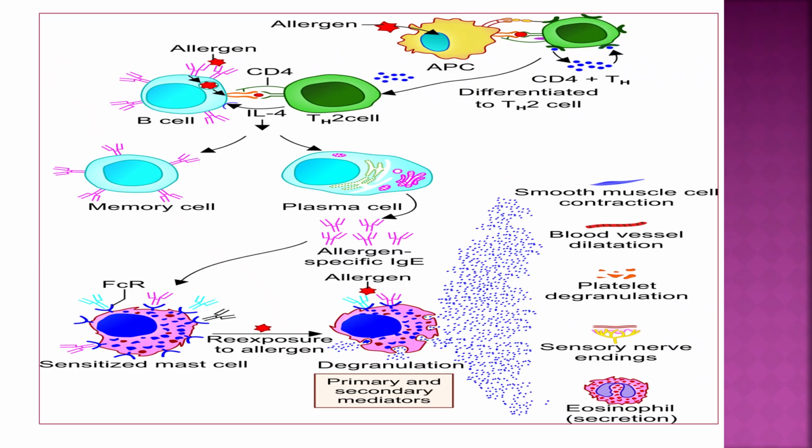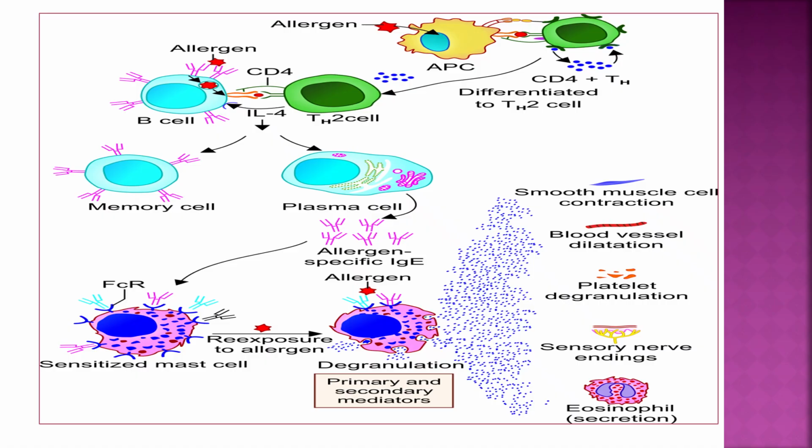To summarize the mechanism: the allergen is exposed to APC, the antigen presenting cell, then CD4 positive T helper cells differentiate into T helper 2 cells, which secrete interleukin 4, which sensitizes B cells. The B cells are converted into memory cells and plasma cells.